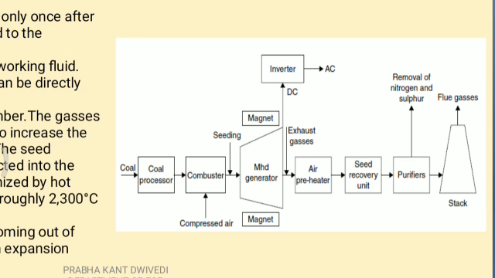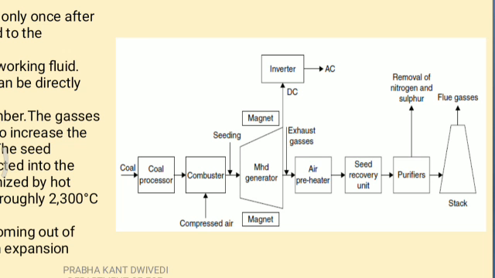After the MHD generator, there are blocks: air preheater, seed recovery unit and purifier. The air preheater prepares the exhaust gases to be reused in the same system. It heats the gas again, and this gas then passes again through the compressor, and this compressed air is again used in the combustion chamber. In the seed recovery unit, the added seed, meaning potassium or cesium particles, is removed from the system and can be reused again.